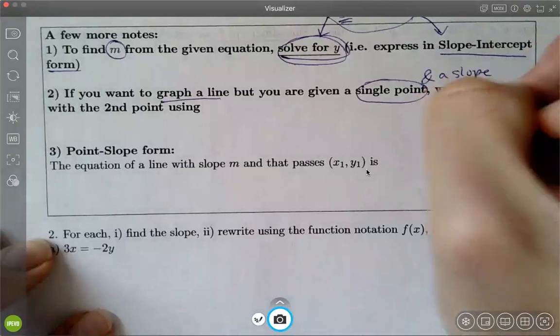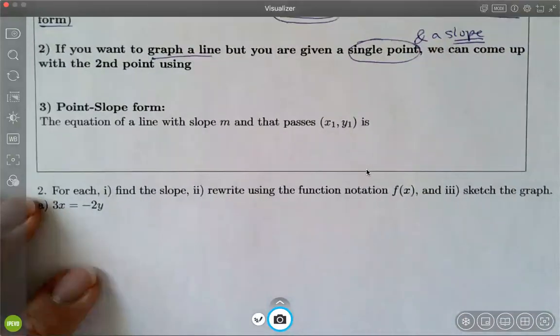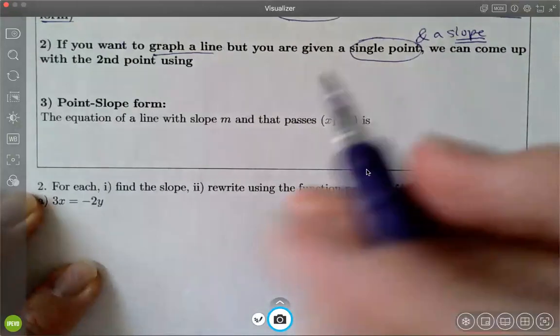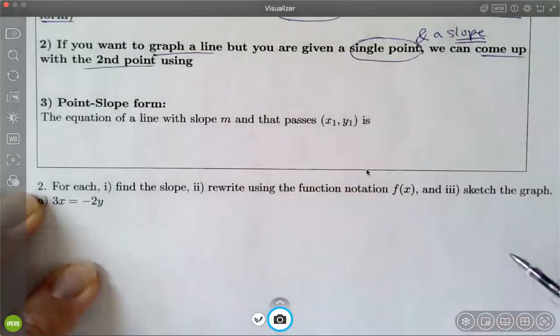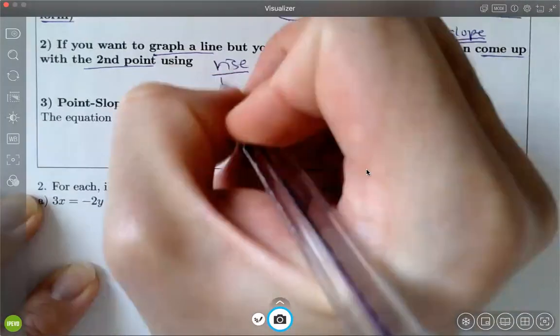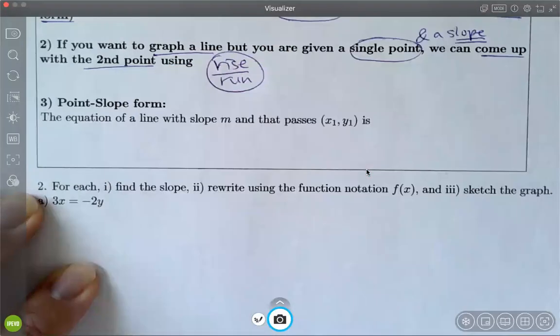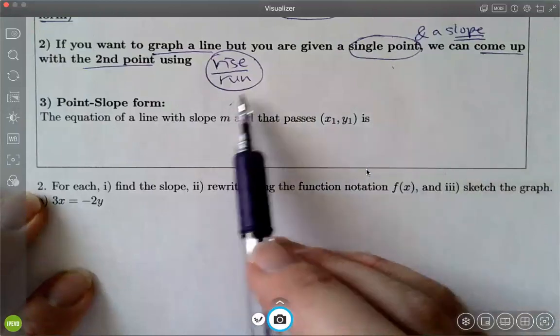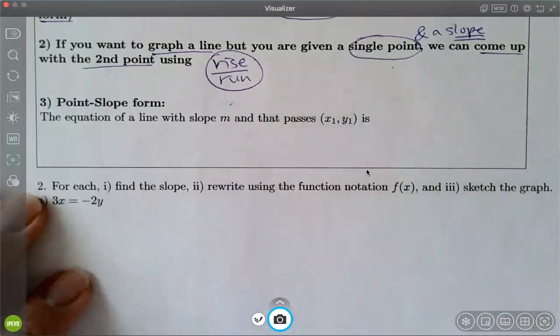Okay, and if you know the slope, you can produce the second point. How? Use rise over run. Okay, so from this single point, you use the rise over run to come up with the second point, and then you'll have the 2 points with which you can sketch the graph. Okay, so I am not saying we only need 1 point to sketch the line. We need 2 points, but sometimes one of them will be hidden.